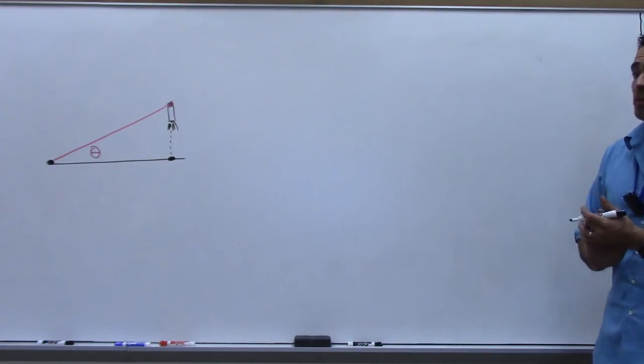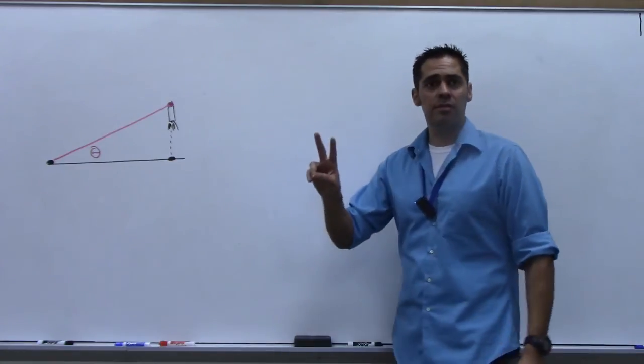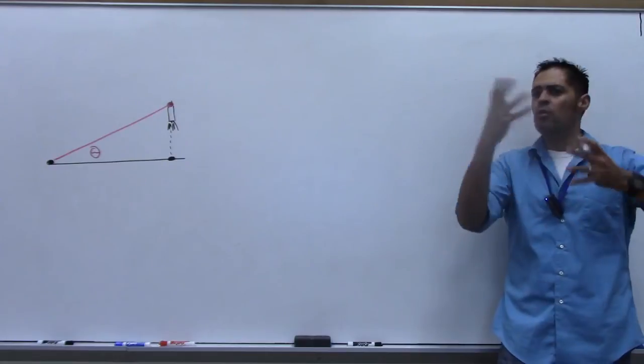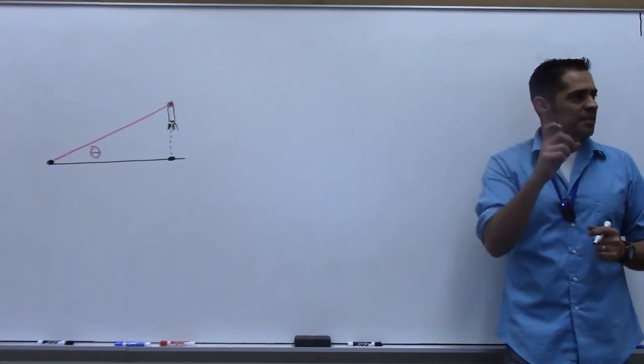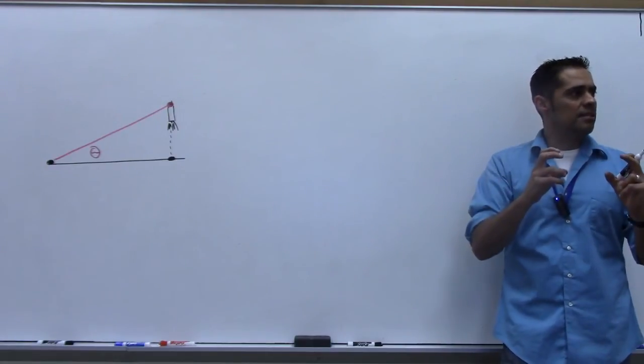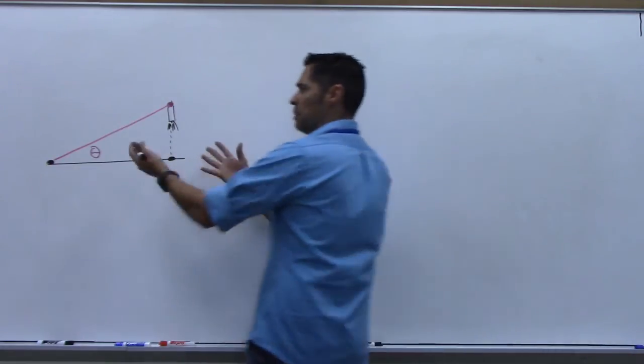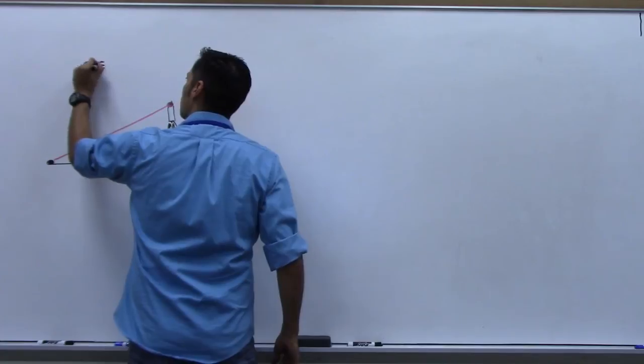I always tell my students with related rate problems to draw two pictures. One picture is a general picture, the picture of when things are moving. And then the other picture is a snapshot picture, the instant in time that's in question. So here's the first picture, calling this my general one.